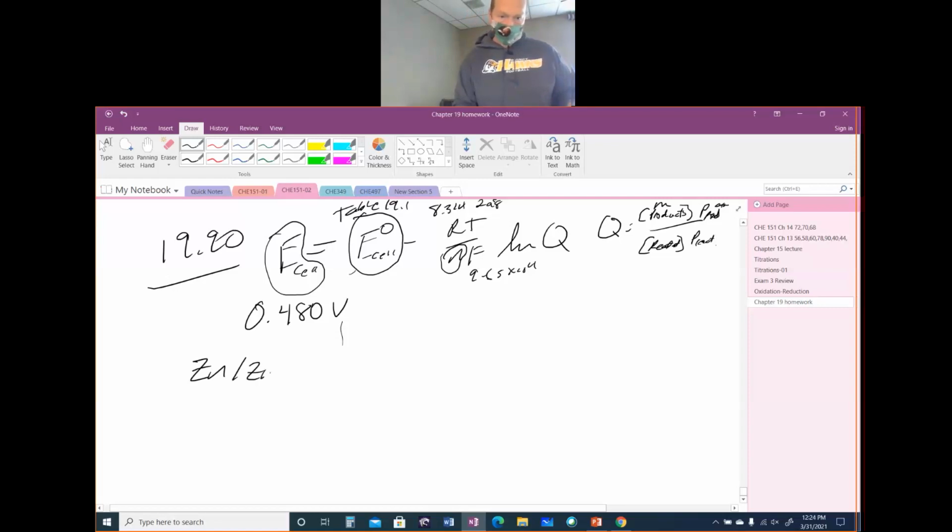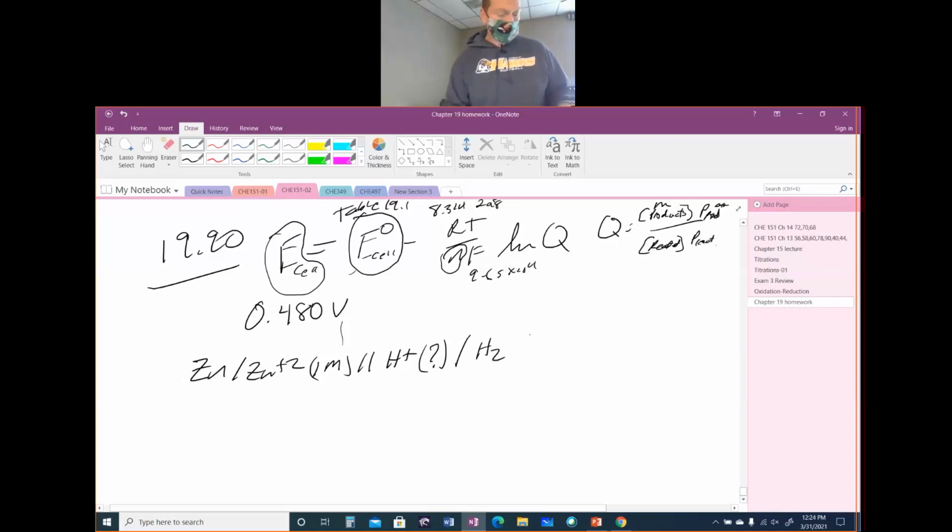Zinc, Zn2+, and that is 1 molar. Then you have H+, and that is the question mark. What is the concentration of H plus? The actual question is, what is the pH? In order to get the pH, you have to have the concentration of H plus.